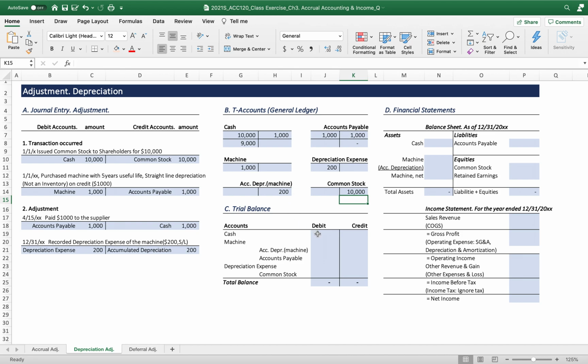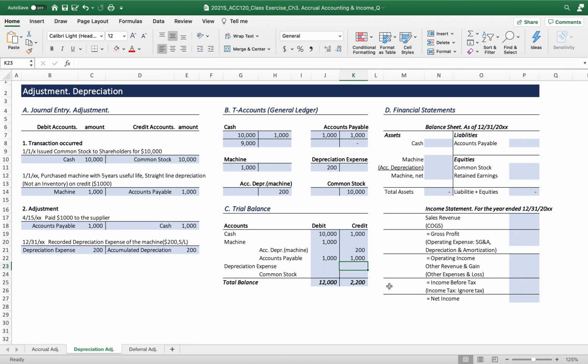Okay, let's make sure that the company collects all the journal entries on the T accounts. So the cash, and the credit, and the machine, accumulated depreciation 200 and accounts payable 1,000.